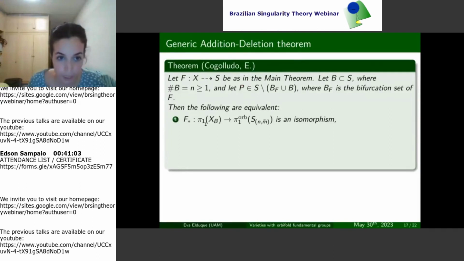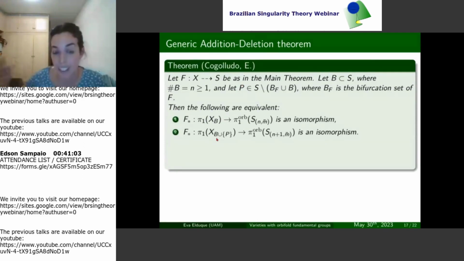You have an orbifold fundamental group here, and you have an orbifold fundamental group if you add the generic fiber. So the two happen at the same time.